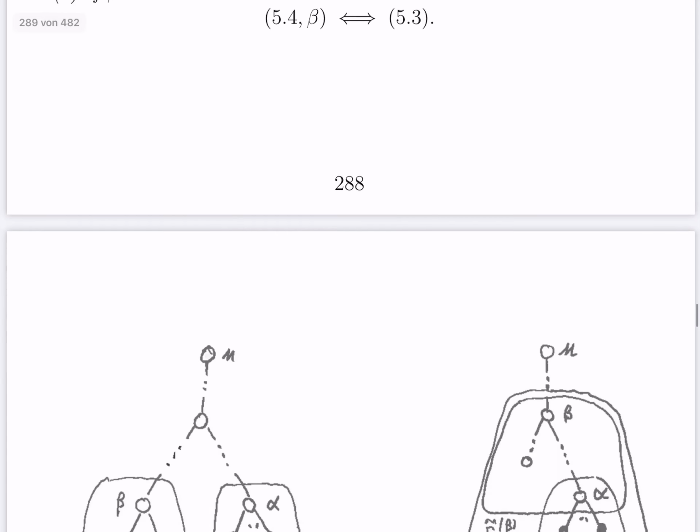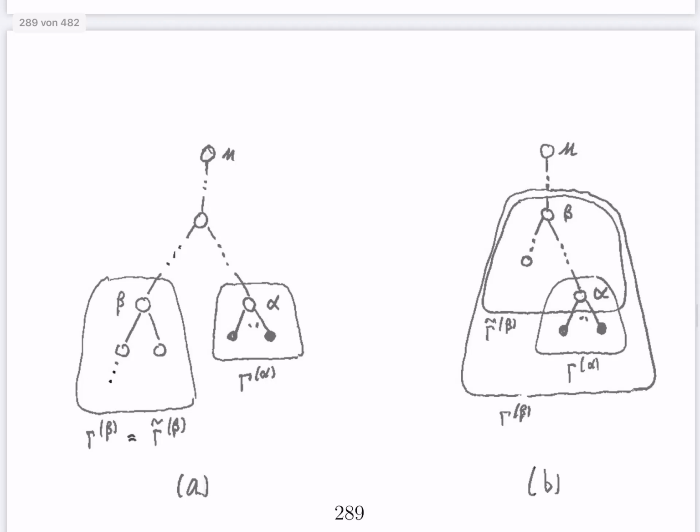4 beta is equivalent to 5 beta because the subgame gamma beta is equal to the subgame gamma tilde of beta. Because alpha is not part of the game gamma beta, one doesn't lose anything if one makes alpha into a final play. So the subgame gamma beta doesn't see alpha and what is happening there.